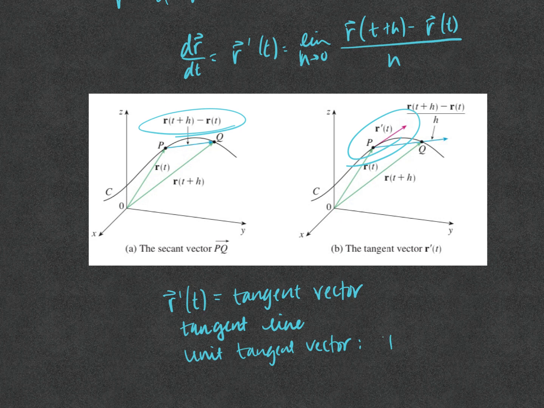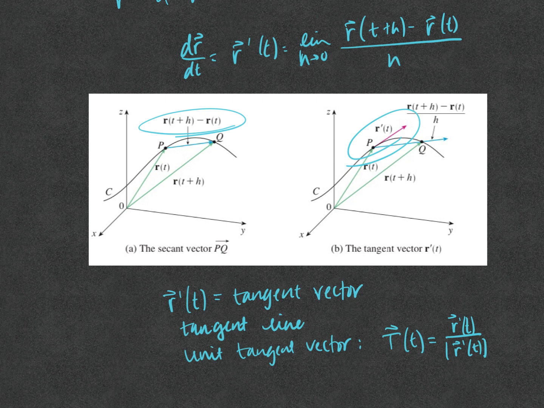So that would be the unit tangent vector T of t equals r prime of t over the length of r prime of t. So basically, you find your tangent vector, and then you make it a unit vector, and then you have the unit tangent vector. So that makes sense.